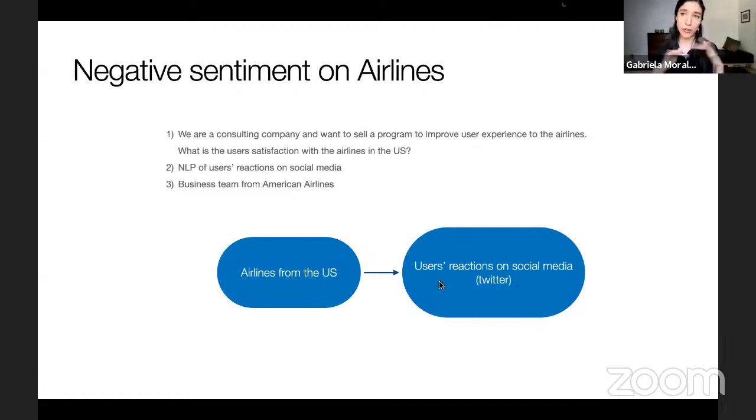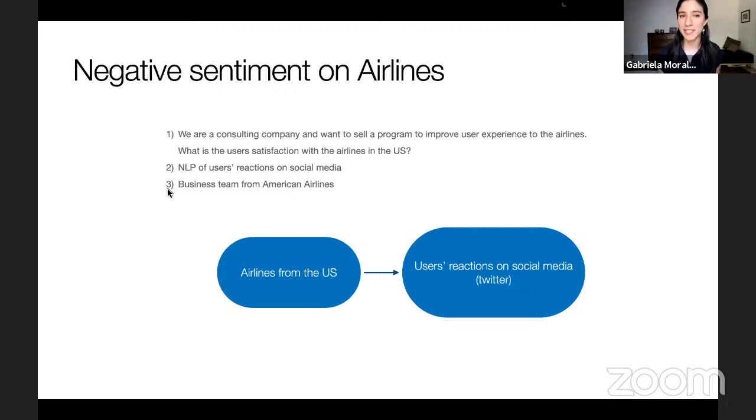And first, before we do anything, we want to know the reactions of the clients on social media. So here in point number 2, we're going to use natural language processing of users' reactions on social media, specifically on Twitter.